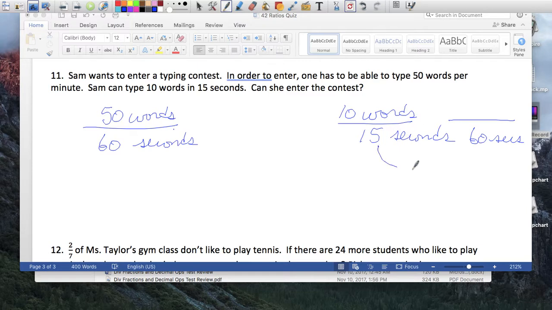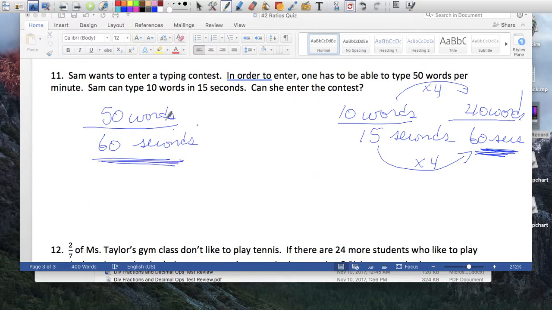Or find the relationship. 15 seconds would be times 4, and on top would be times 4. 10 times 4 is 40. So now I changed what Sam can do in 15 seconds to what Sam can do in 60 seconds, because I can take this and compare it to the contest requirement.